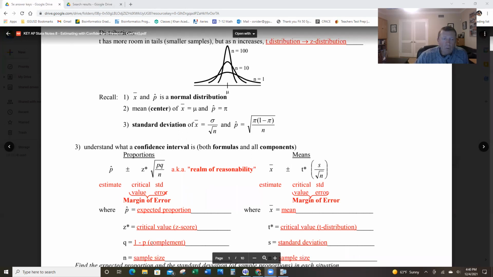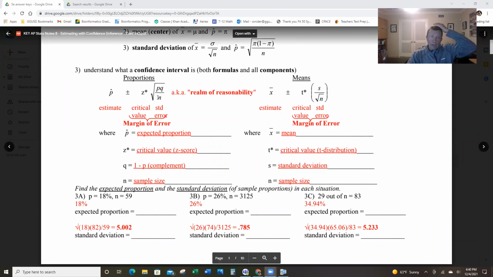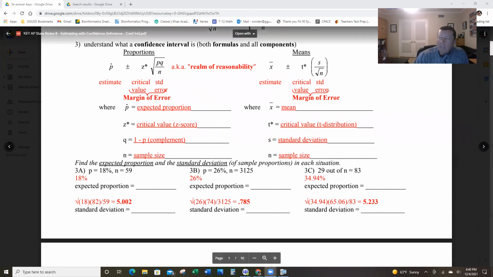Slide down a little further. And again, I'm still talking about proportions and means. So here's the formula to find the confidence interval for a mean and a proportion. First, the proportions. This first one, you're going to take p hat, and then you're going to go plus or minus z star, and I'm going to show you what that is in a minute.